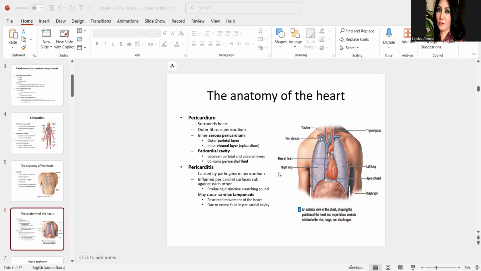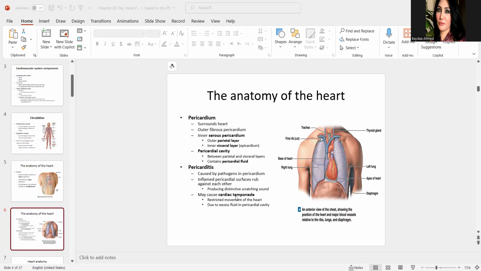The outer covering of the heart is called the pericardium. The pericardium surrounds the heart and consists of an outer fibrous pericardium and an inner serous pericardium. The inner serous pericardium is a two-layered membrane composed of an outer parietal layer and an inner visceral layer, the visceral layer also called the epicardium.